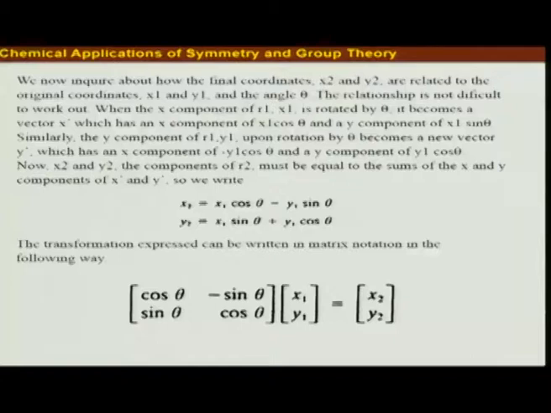So we can work this out. How? The x component of r1, which is x1, when rotated by theta, becomes a vector, say x prime, which has an x component of x1 cos theta and a y component of x1 sin theta. This is a simple geometry problem, so you can easily find that out.